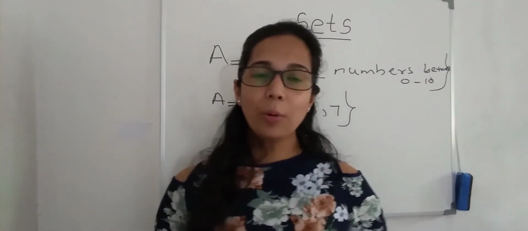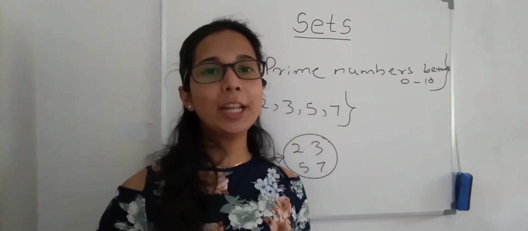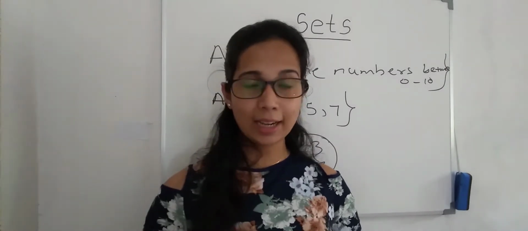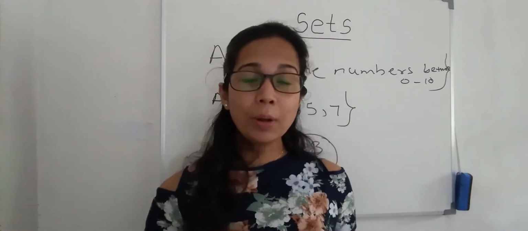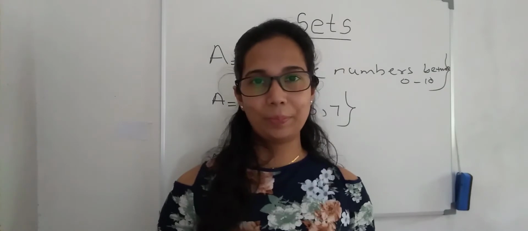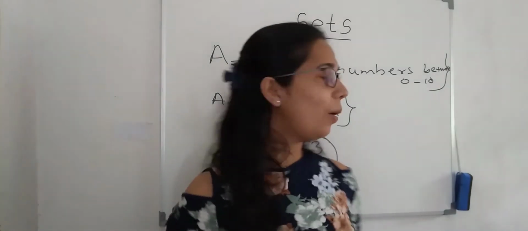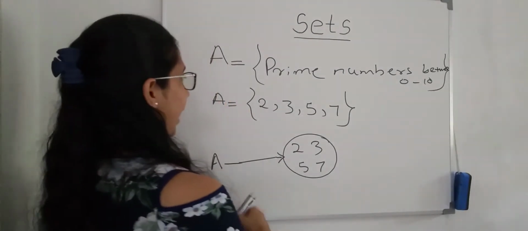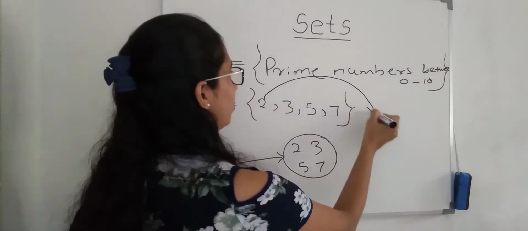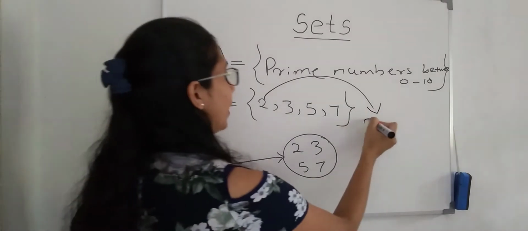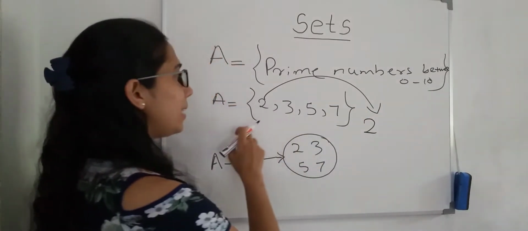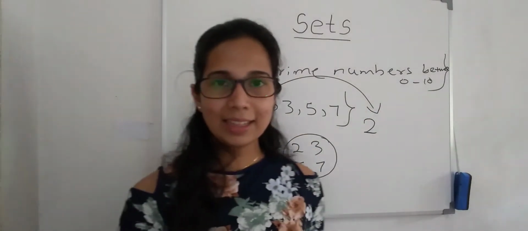Now, I'll teach you how to denote elements of a set and how to denote the number of elements in a set. You have learned those things, but let's recall. If I take this 2 from the set A, 2 is an element of the set A, isn't it? Yes.